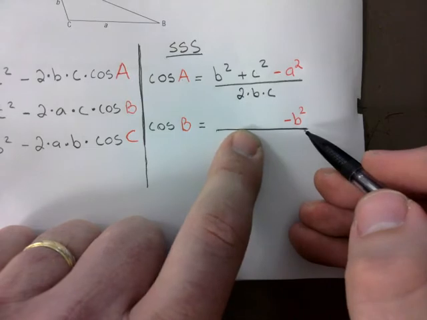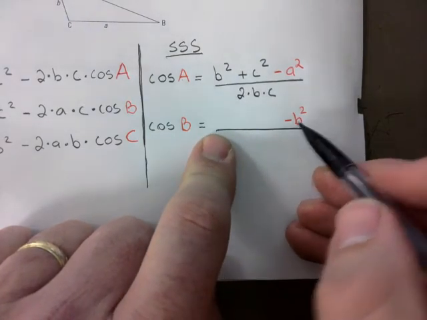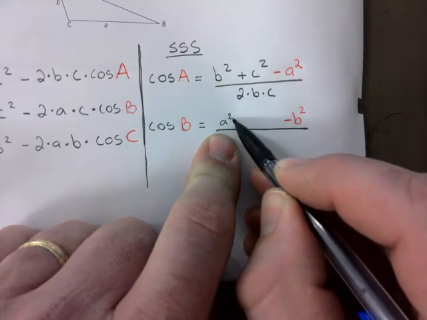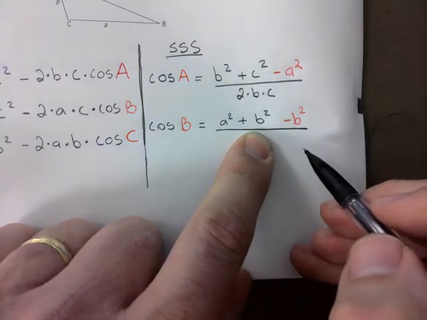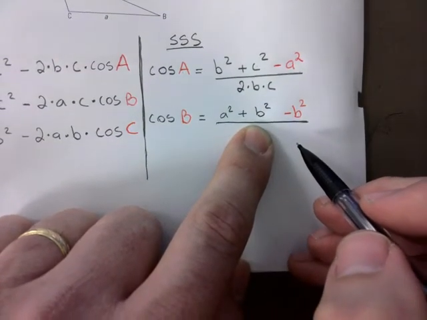And then I fill in with the rest. What are the other two sides? Well, there's a squared, right? Side A and side C. So I just fill those in, making sure I always square them.